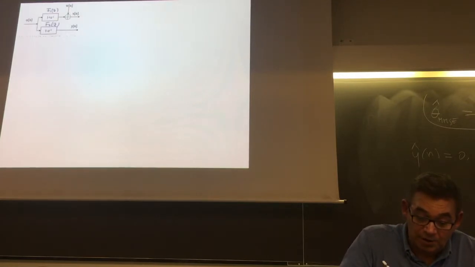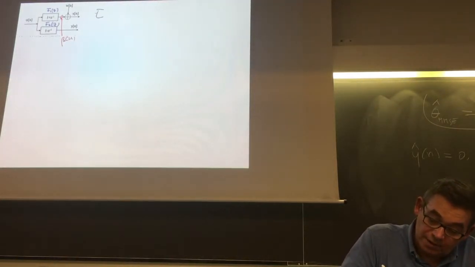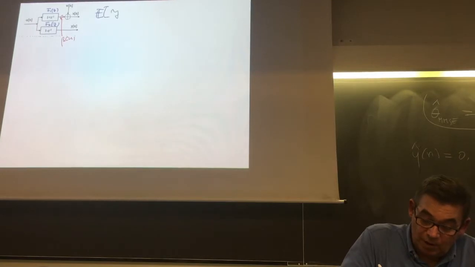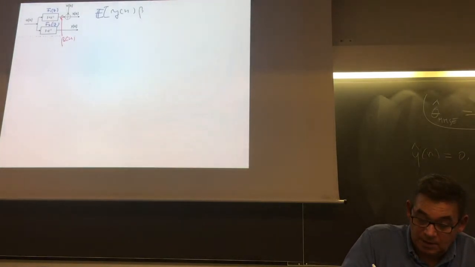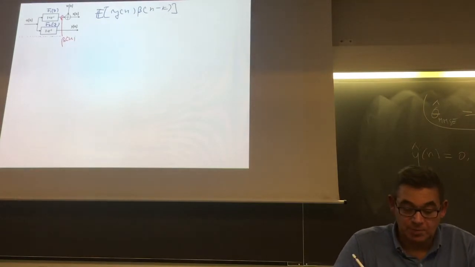And I recall that I call this guy beta n. So I need to calculate the expectation of y n beta n minus k. Now, what is beta?